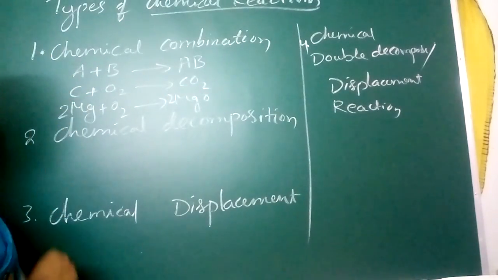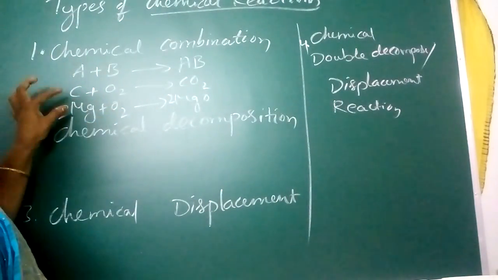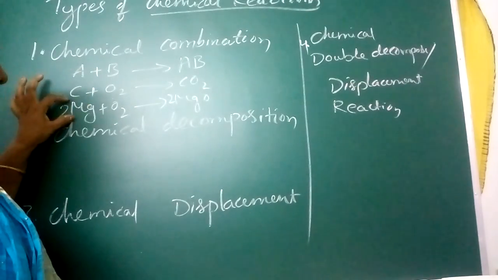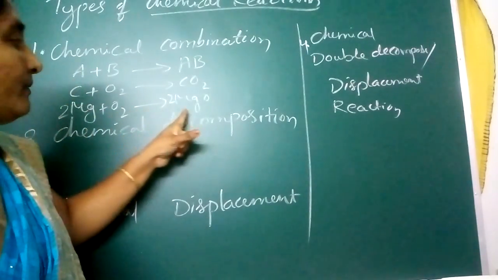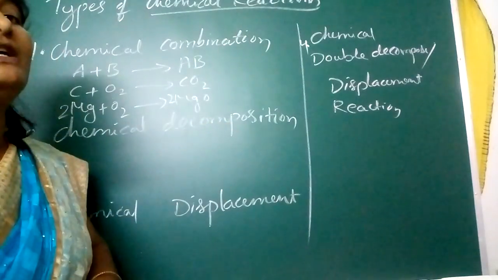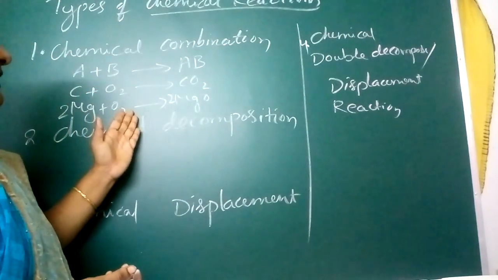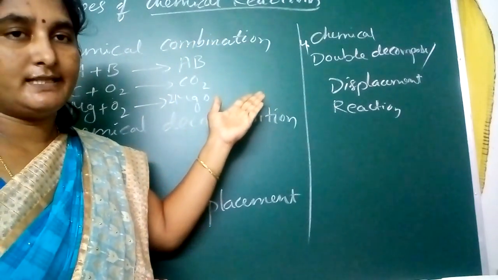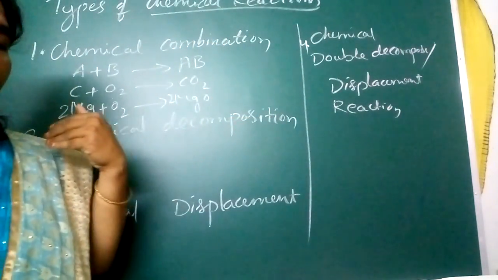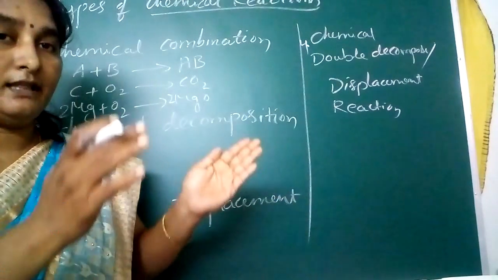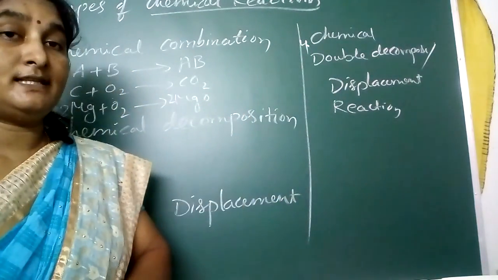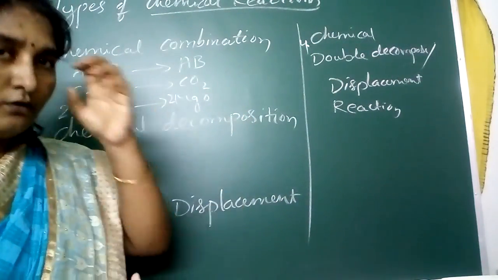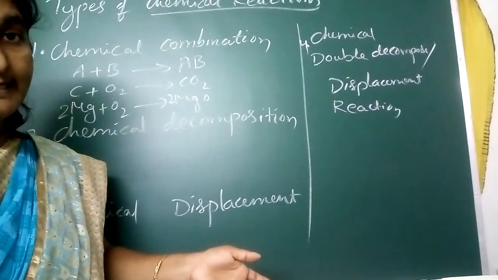You took two substances, Mg plus O, combined to form MgO, one new substance. These reactions are called chemical combination reactions. Very simple, no? We will explain more in the form of experiments in the next video. Now it is only for understanding.